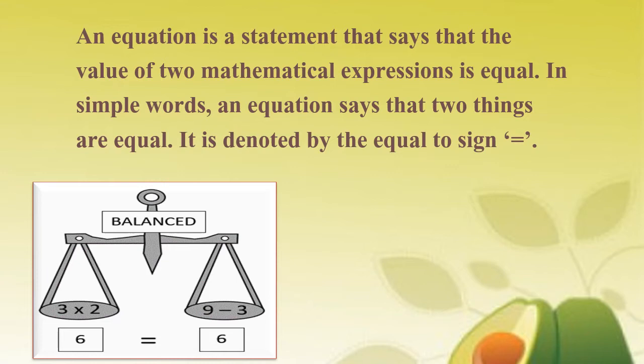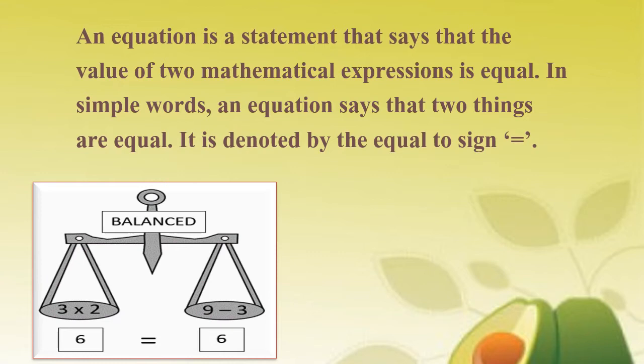So these two pans are balanced, and this is called an equation, and we denote it with the help of the equal to sign, because in the two pans there are two mathematical expressions.